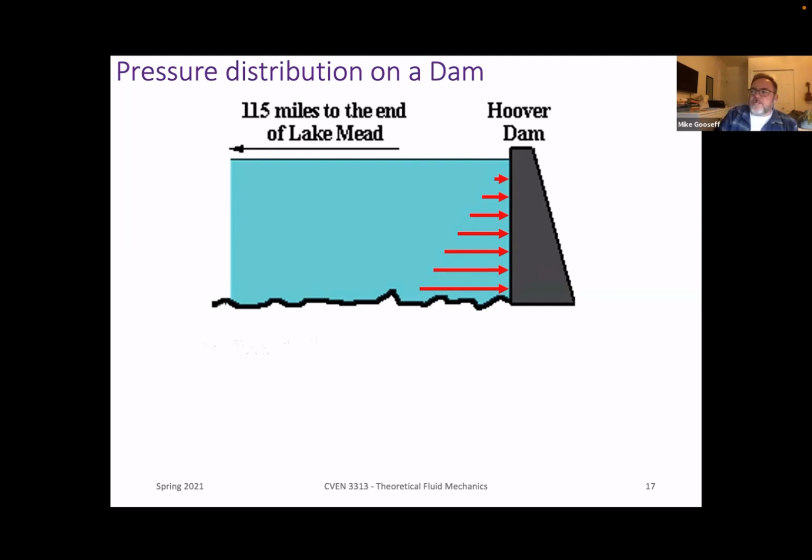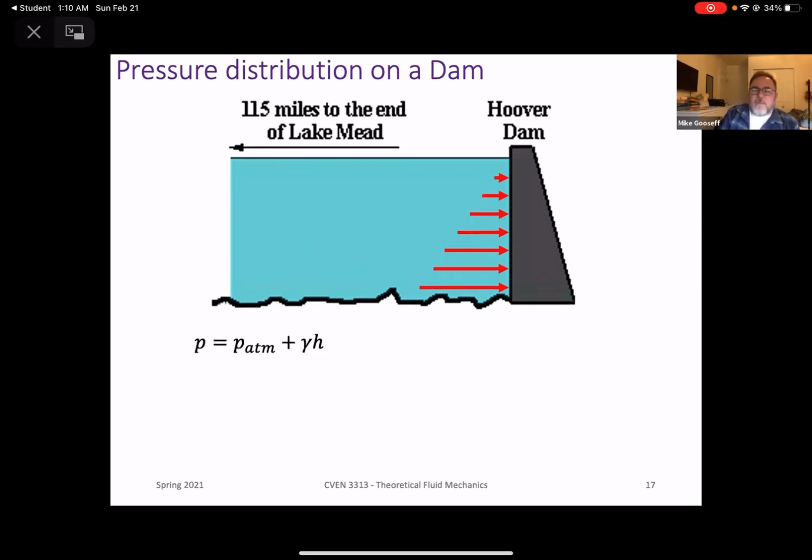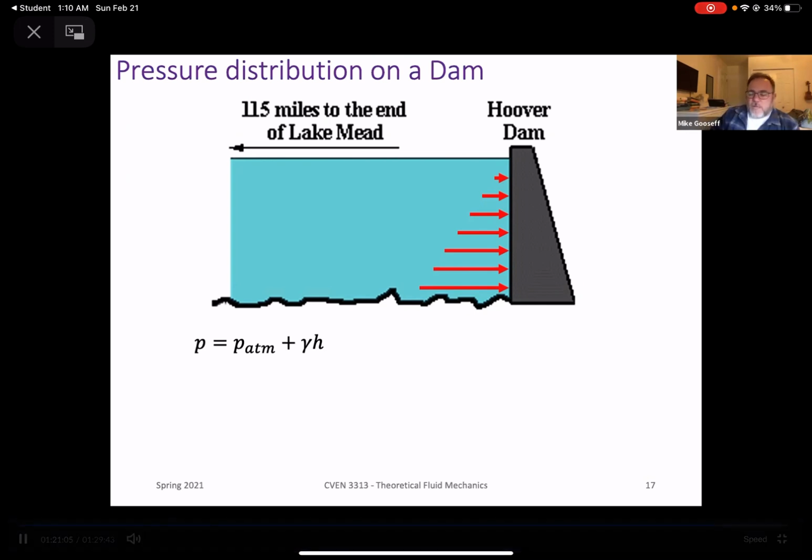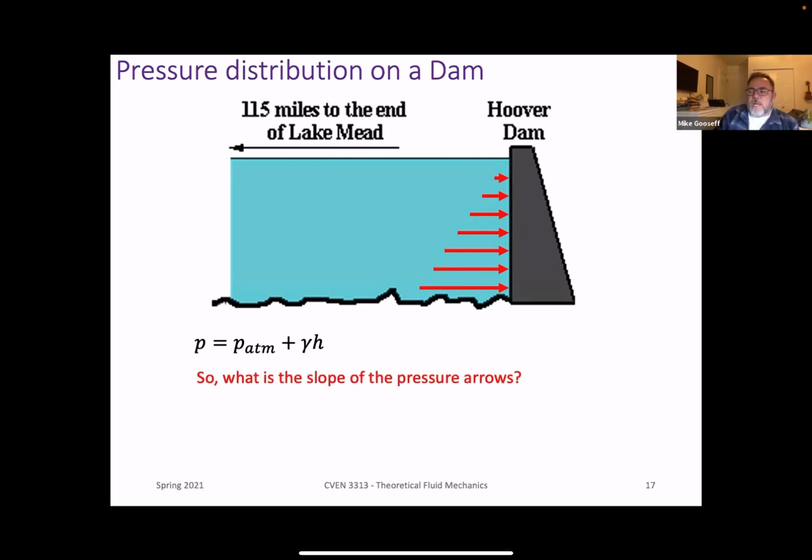The pressure distribution then is, we started out with P at some depth below the free surface is equal to P atmospheric plus gamma times H. So what's the slope of those pressure arrows? And what I mean is specifically, what is that slope right there, that dashed black line that I've put in?